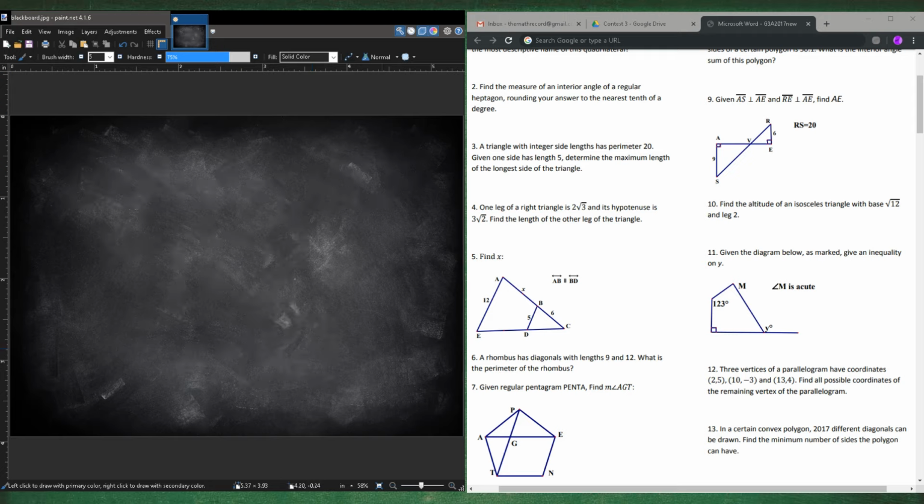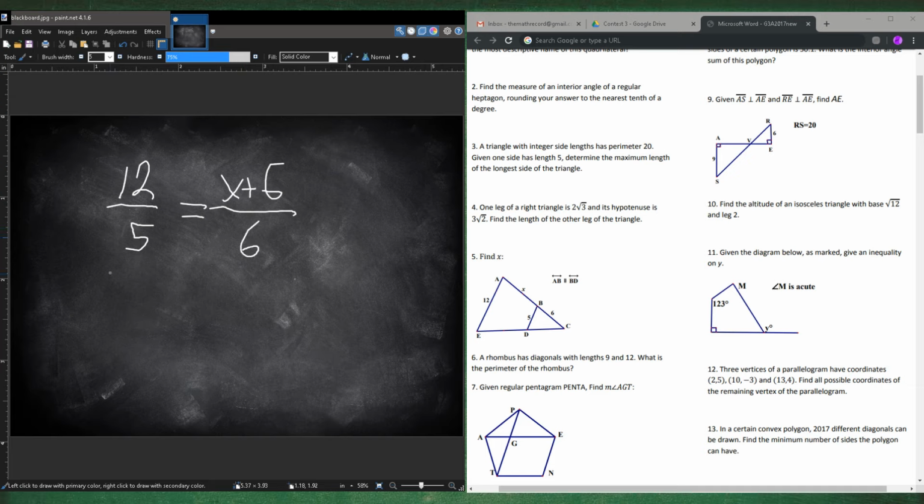Okay, number 5, find x. AB is parallel to BD. Okay, I guess that was a typo because it's supposed to be AE is parallel to BD. This doesn't make sense because they're intersecting. So basically 12 divided by 5, because 12 is the longer one, divided by 5, which is the smaller one, because they're parallel, is equal to x plus 6, which is the longer side length, all over the smaller side length, which is 6.